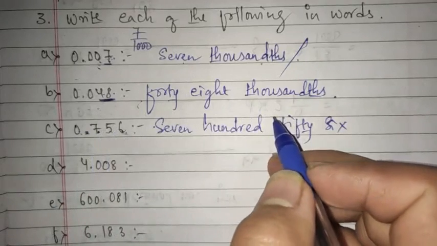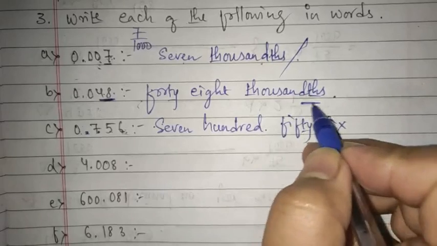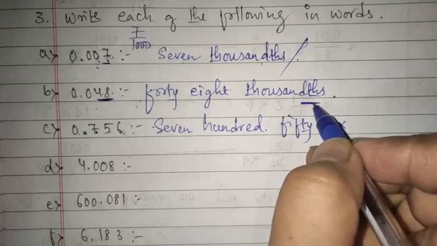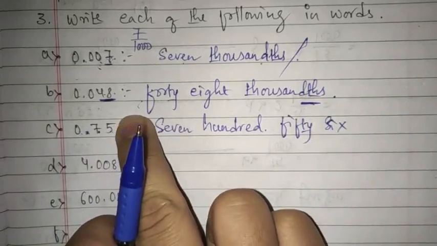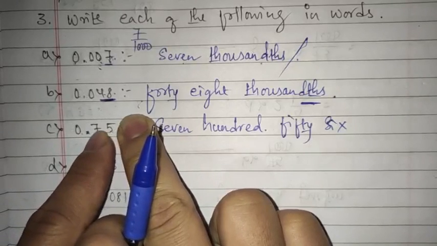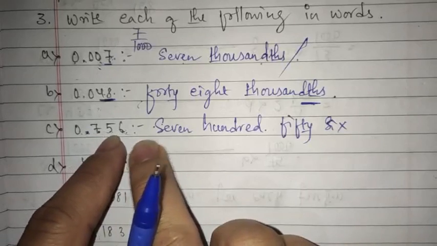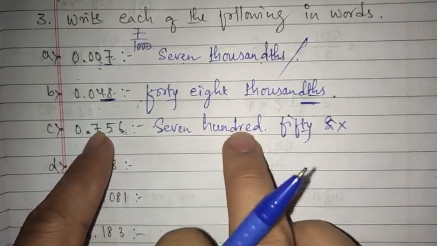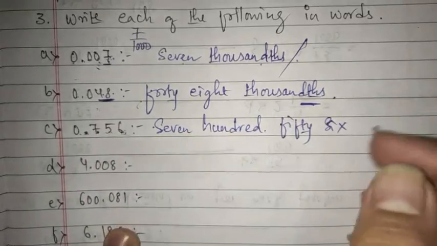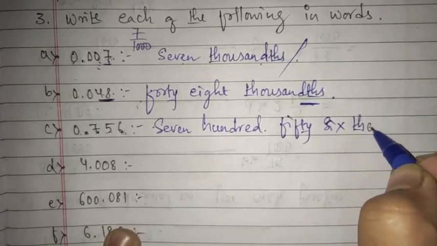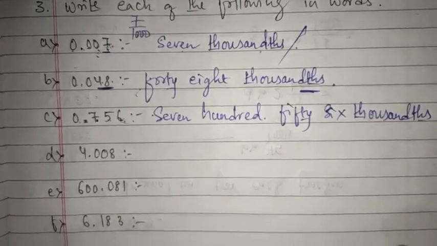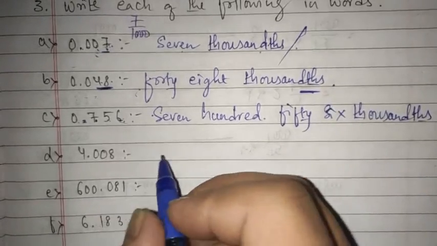In between you may not write 100, but the last one which you are saying should be thousandths. If there was no 6, then you should have said 750. But here you have 3 digits, so 756 thousandths. Okay, 756 thousandths.